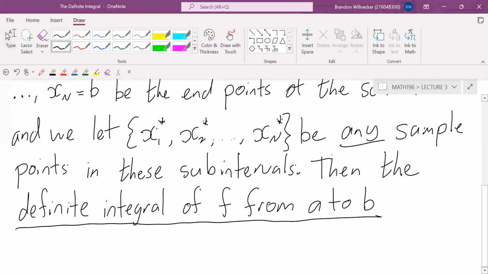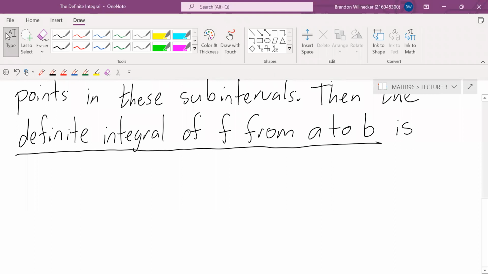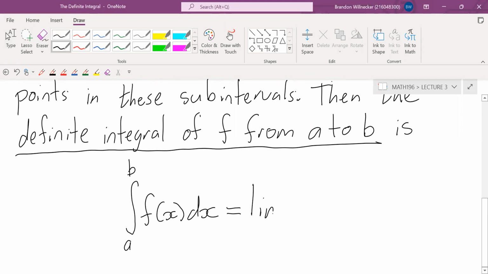We're defining the definite integral of f from A to B is, and then remember we had that notation that we defined before, this elongated S shape from A to B, f of x dx. Okay, we came up with this notation is equal to, and remember from last time we said it was the limit of the Riemann sum.